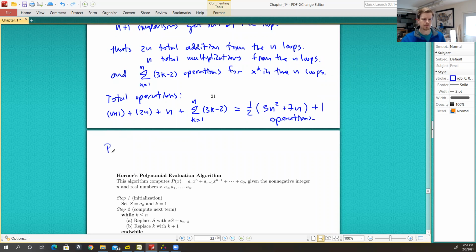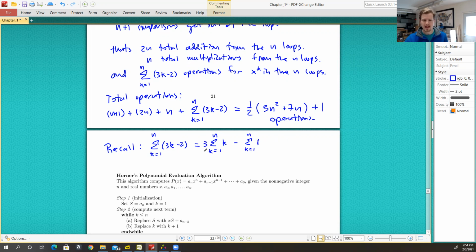And in order to simplify that, you may need to recall, if I wanted to evaluate just this guy, the sum from k equals 1 to n of 3k minus 2, this is equal to, let's see, I can distribute the summation over the subtraction, and I can pull the 3 out. So this is 3 times the sum of k minus the sum from k equals 1 to n of just the number 1.